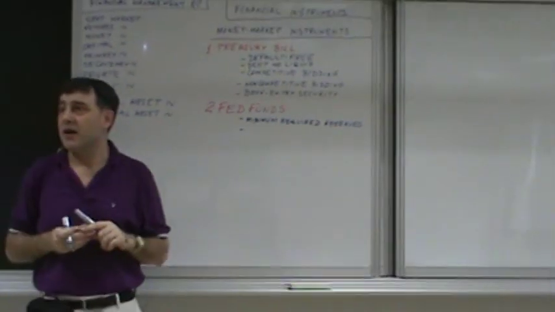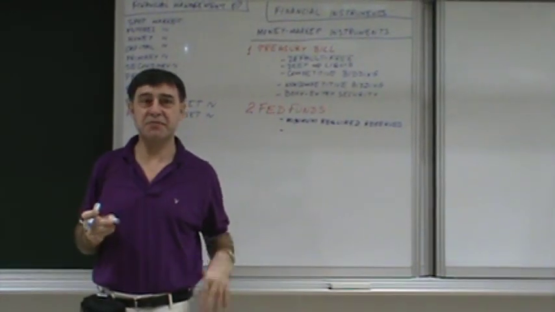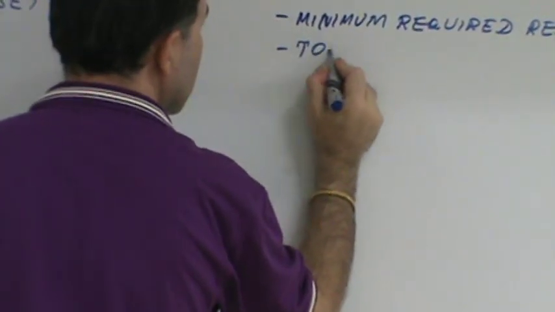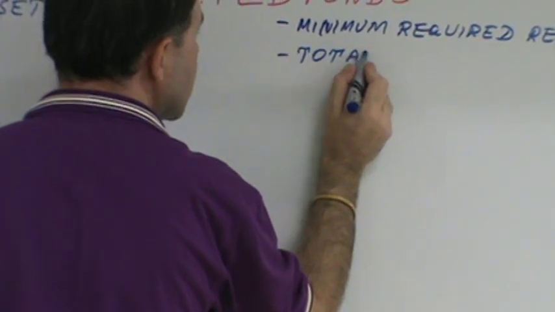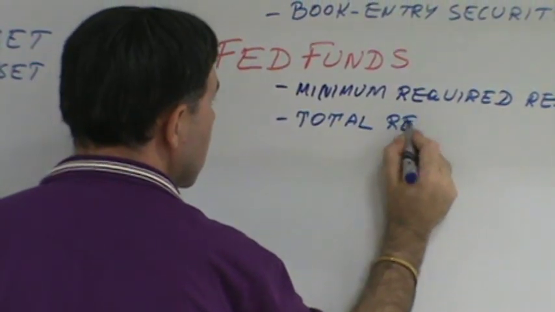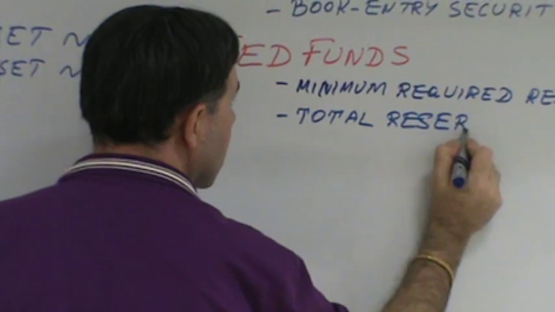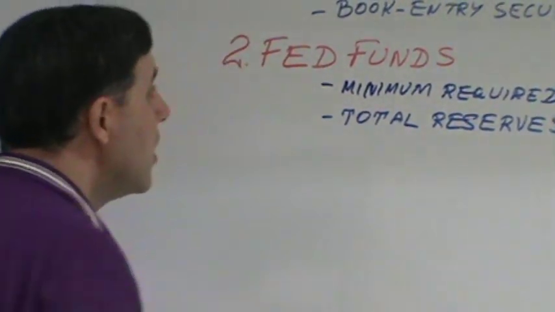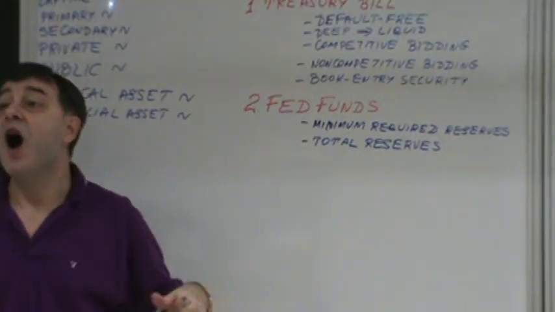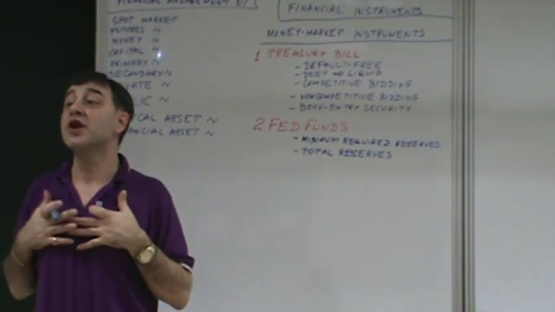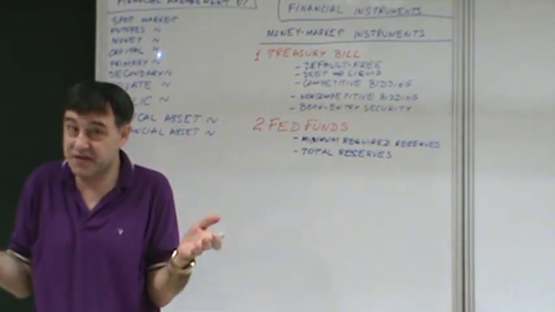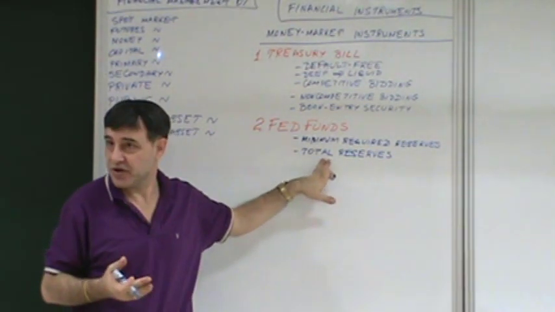Now, let me explain the next concept is total reserves. Total reserves is simply all the reserves which a financial institution has. Whatever their reserves are, we call them total reserves.